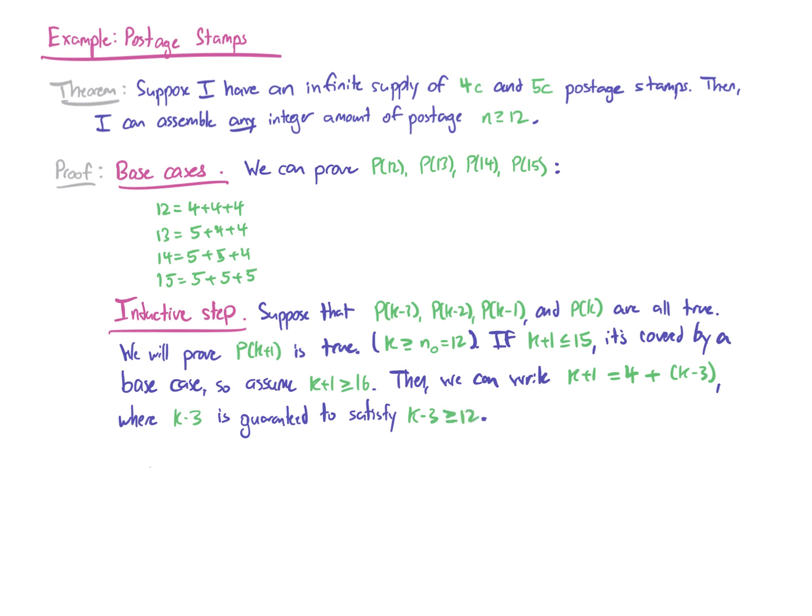If k plus 1 is greater than or equal to 16, and I subtract 4, I get k minus 3. That must always be greater than or equal to 12.